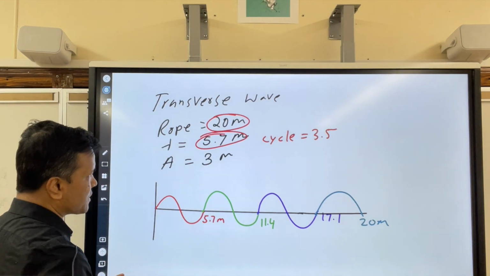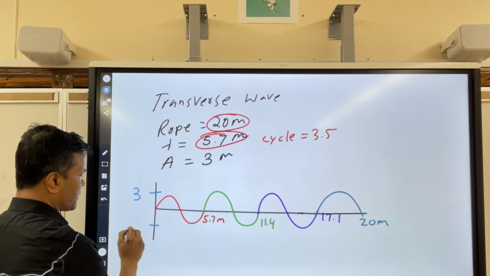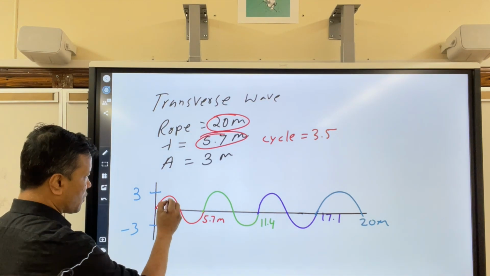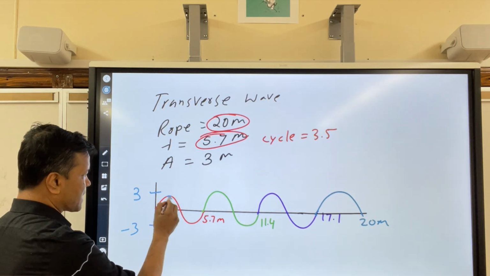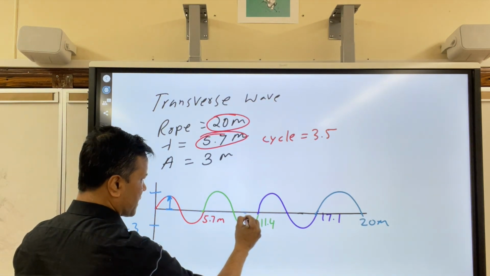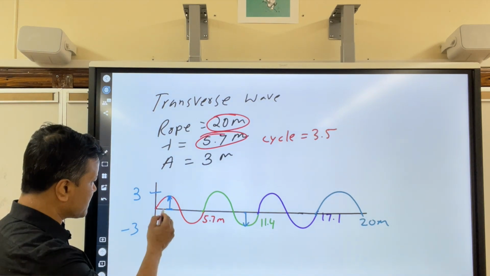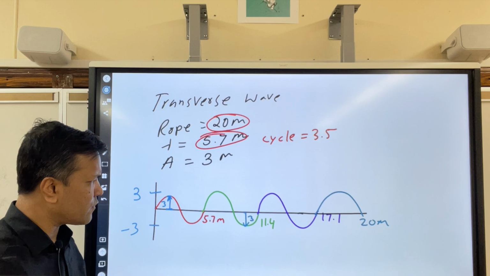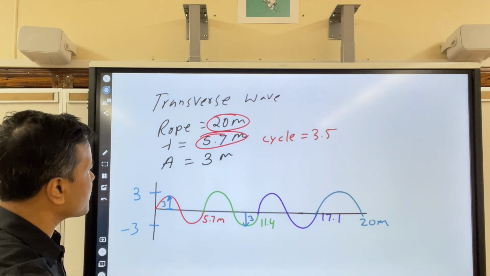What other information should I put? I should put the amplitude, 3 and -3. By the way, the amplitude is from equilibrium to the max height, and from equilibrium to the min height is also the amplitude. So if this is 3, this has to be 3. Amplitude is always an absolute value, so you cannot say -3. The amplitude is 3.